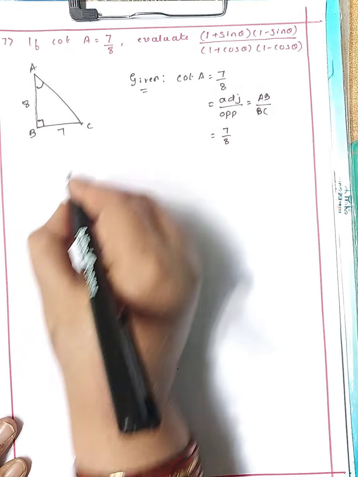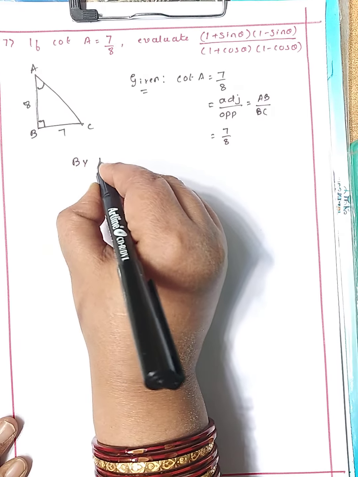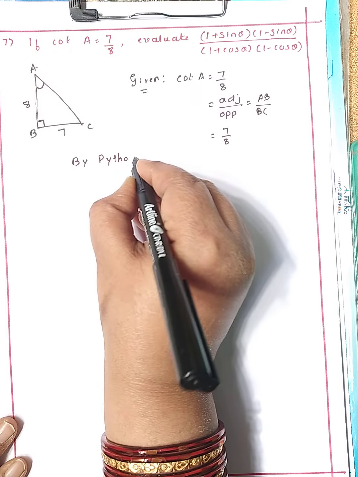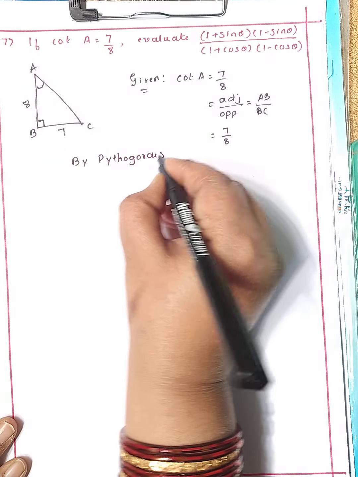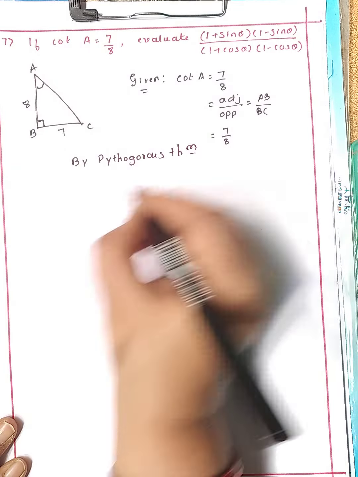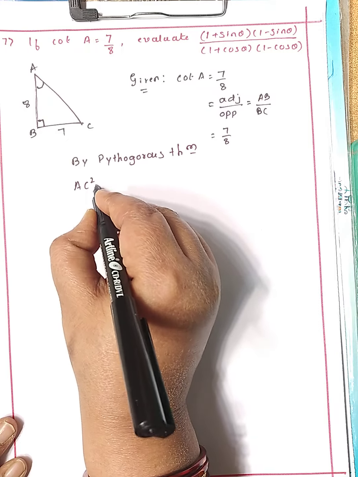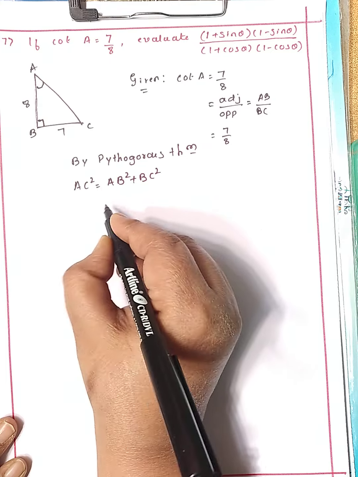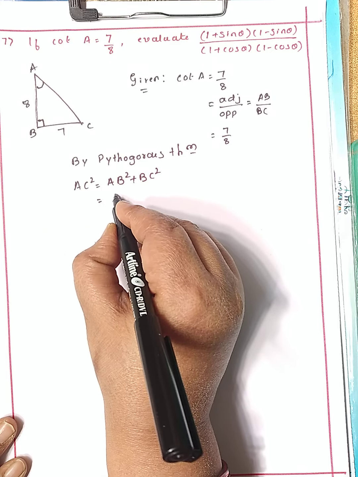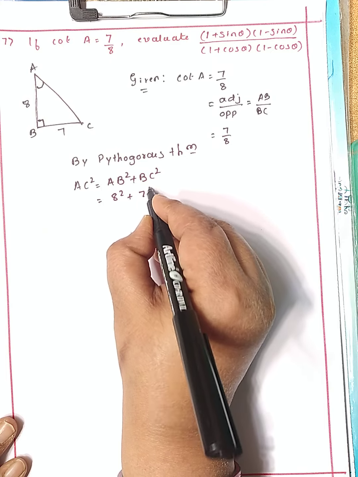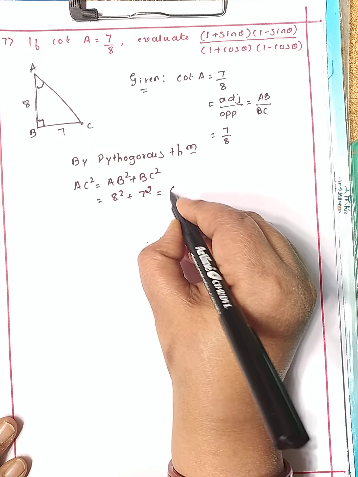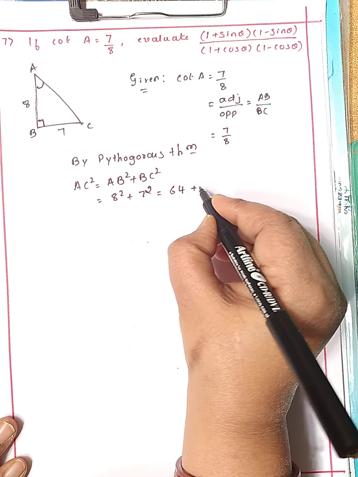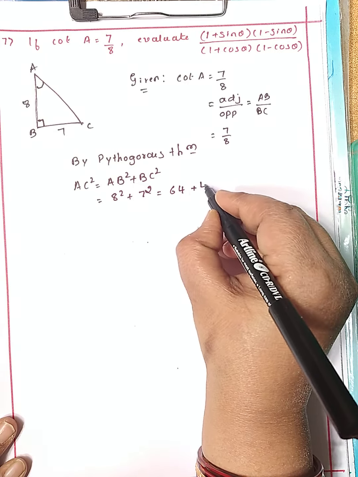Now I have to find AC. For finding AC, again Pythagoras theorem. By Pythagoras theorem, AC square equal to AB square plus BC square. AB is 8 and BC is 7. 8 square is 64 plus 49.